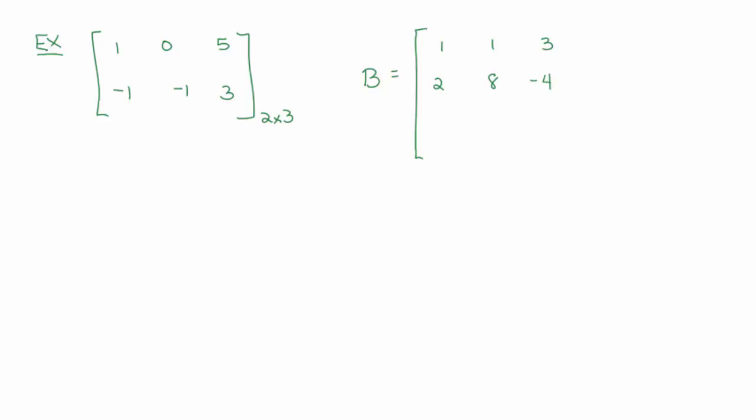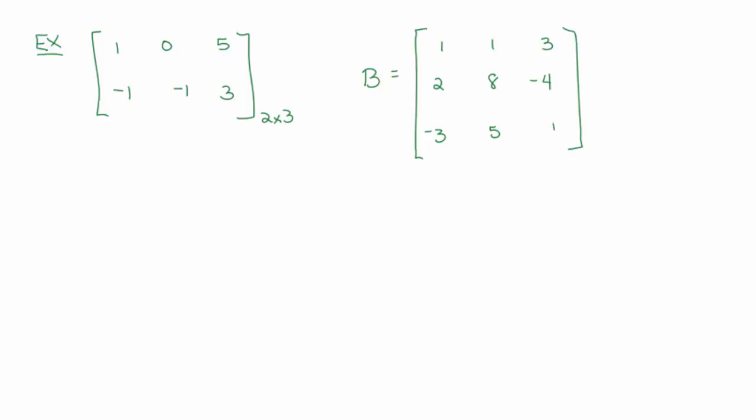So let's take a simple example here. We'll do a 2 by 3. So 1, 0, 5, -1, -1, and 3. So that's 2 by 3. I'm going to multiply it by a matrix B, which is a 3 by 3. Let's say 1, 1, 3, 2, 8, -4, -3, 5, and 1.